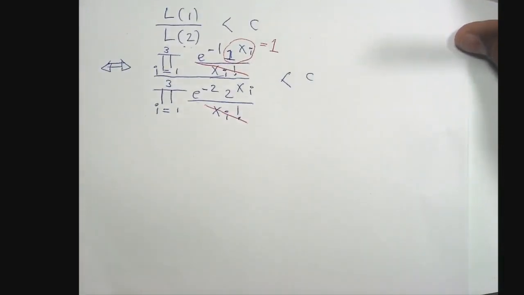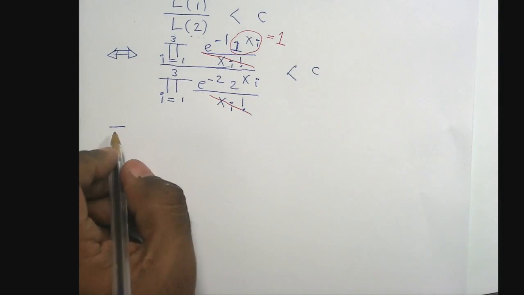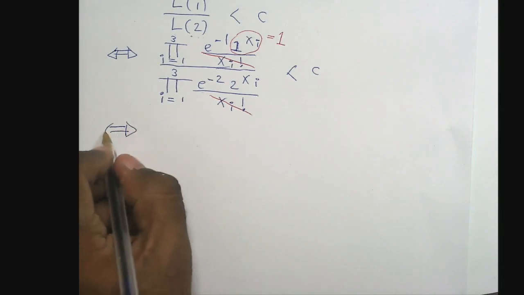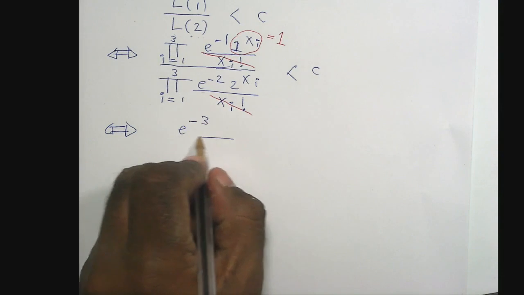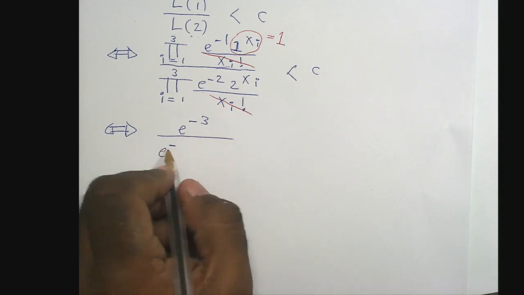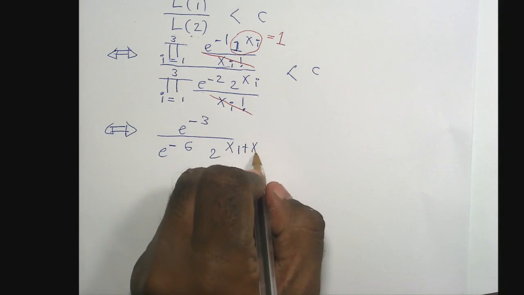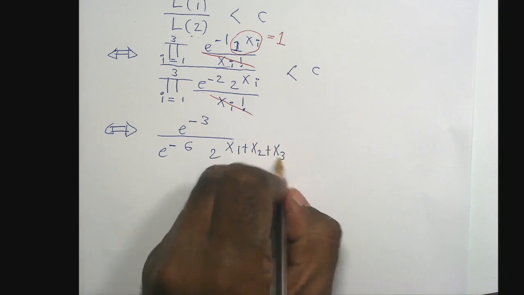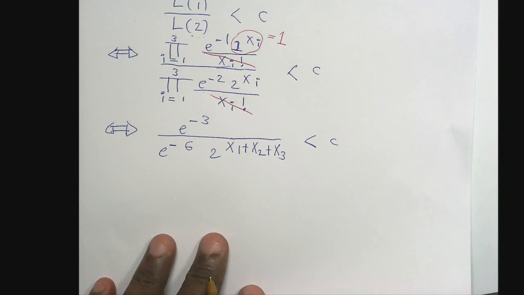So this becomes less than a constant c, right?